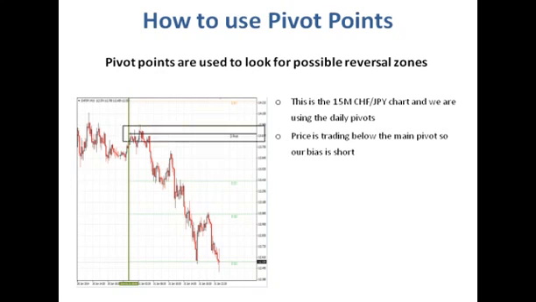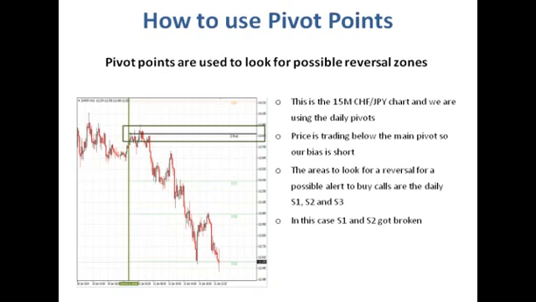Okay, this is the main pivot or the daily pivot, and price is trading below it. The areas to look for a possible reversal to buy calls on a short-term reversal play are the daily S1, S2, and S3.